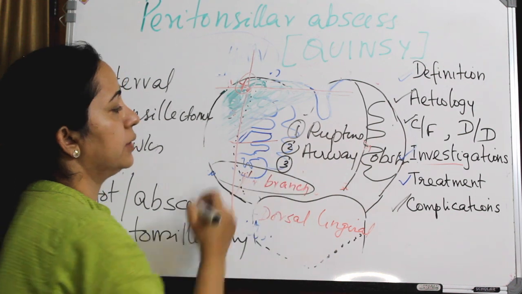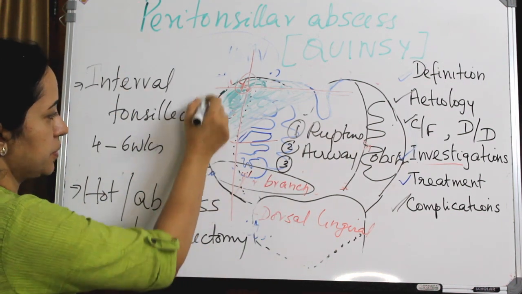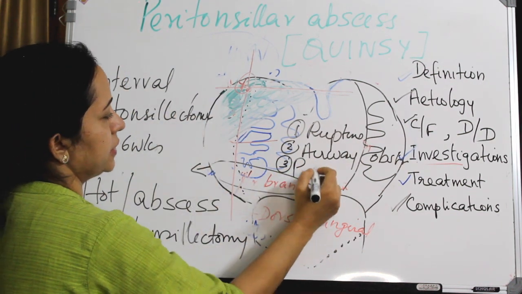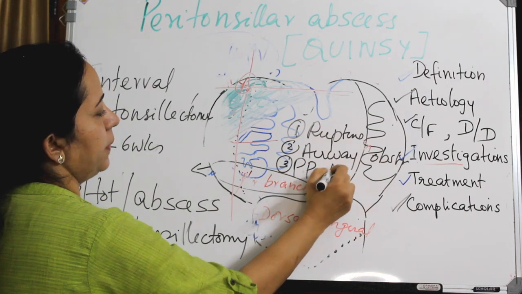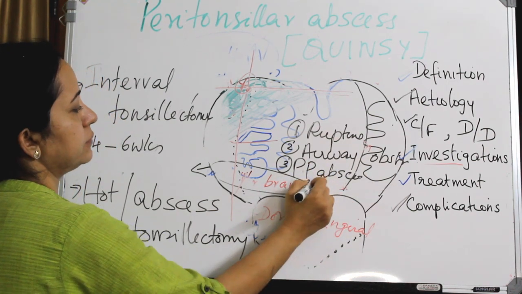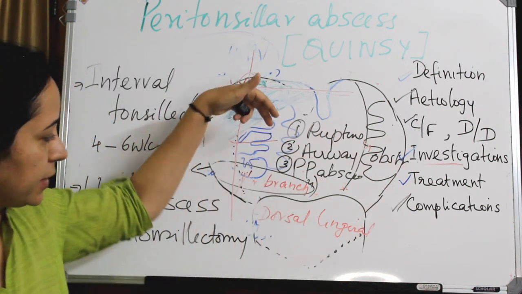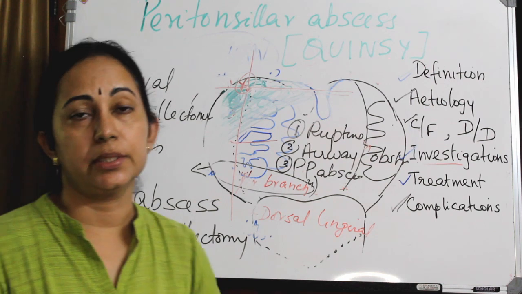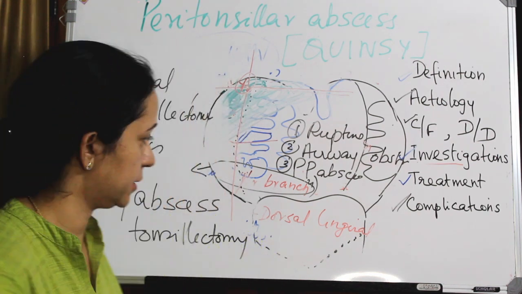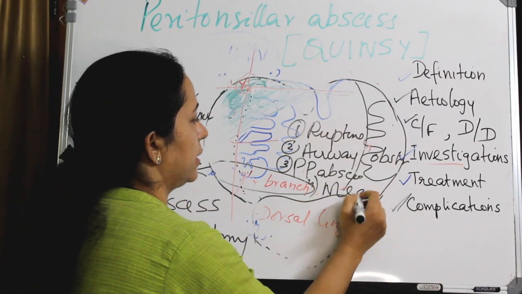And the third, what will happen? I already told you which space is here. Parapharyngeal space. So there is chance of a parapharyngeal abscess. And from the parapharyngeal, it can go to retropharyngeal abscess also. And then if it is going down, there is chance of mediastinitis. Mediastinitis, another complication.